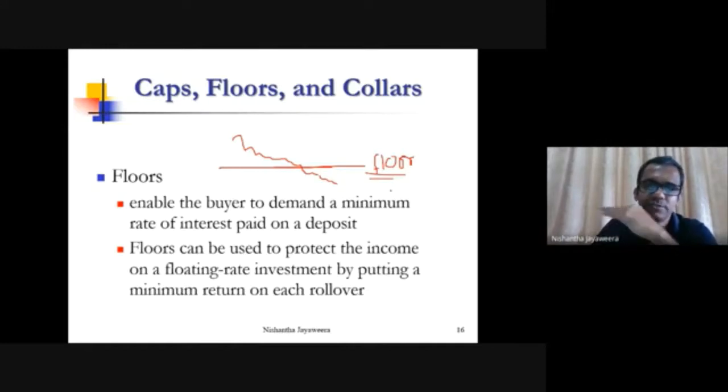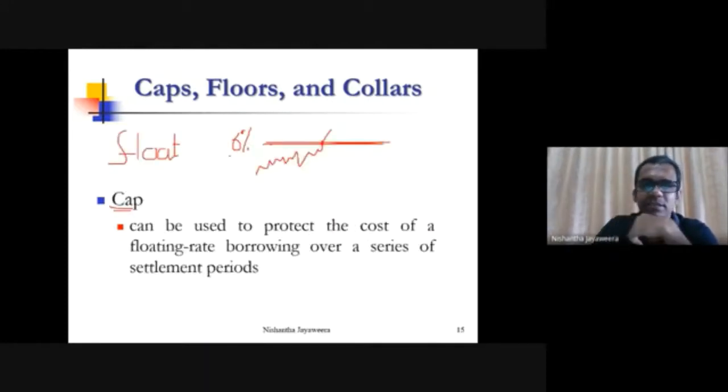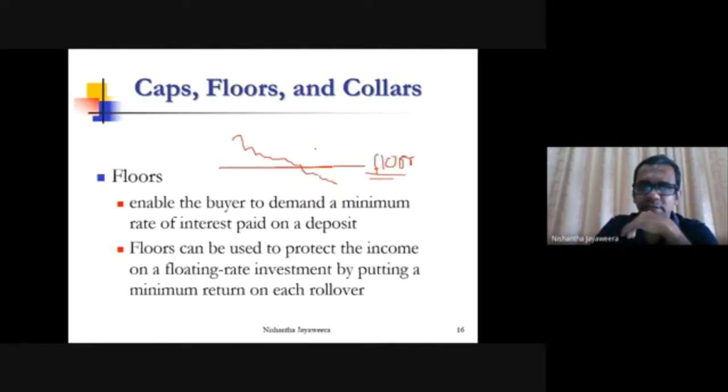So you know your interest income will not fall below this level. In a cap, you know your interest cost won't go beyond the cap level. So those are the basic concepts of caps and floors. I'm not going to go into detail on how to construct a cap or floor using options, or whether it's a call option or put option, things like that. But just have the idea of what is a cap and what is a floor.